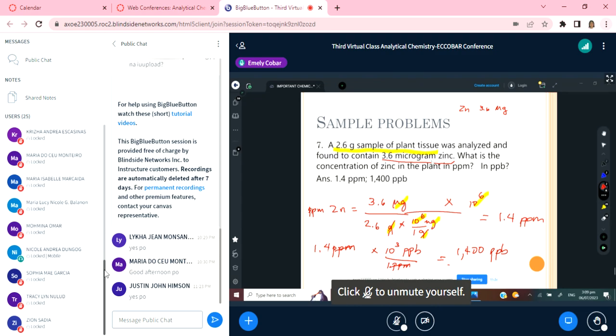So, when you use that formula, the unit in the numerator must be the same as in the denominator. Therefore, the 2.6 gram, you need to convert to microgram. How do you convert it? There are 10 to the 6 or 1 million microgram in 1 gram.